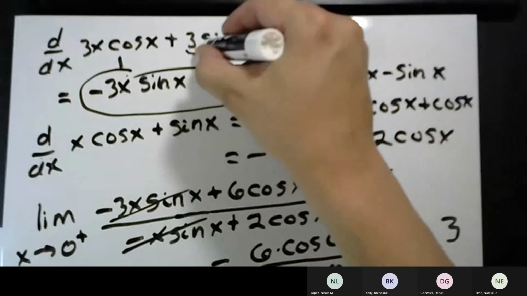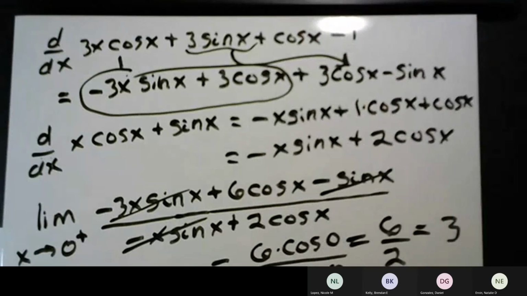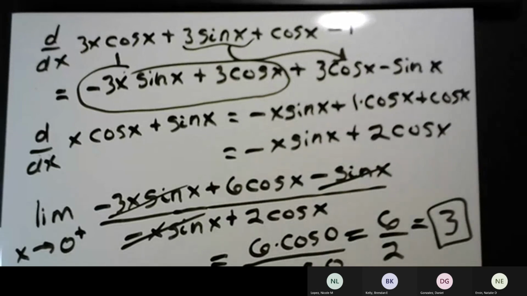And this one here, no problem. That's where that one's coming from. So criminy, there you go. It's going to be 3 after all is said and done. All right.